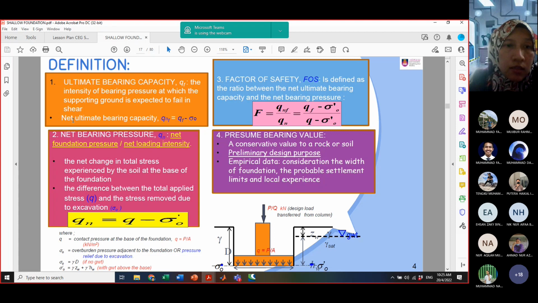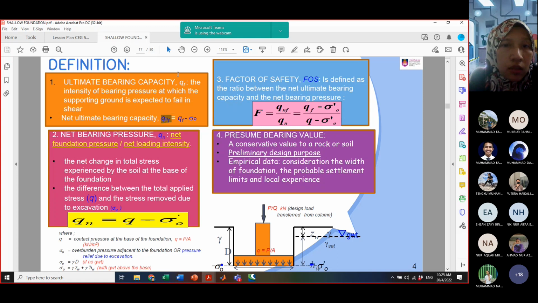Okay, what is the net ultimate bearing capacity? The net is shown by the symbol Qnf. You have to differentiate between ultimate bearing capacity and net ultimate bearing capacity. For ultimate bearing capacity, we just take it as Qf, whereas for net ultimate bearing capacity it is Qnf. What is the difference between these two?